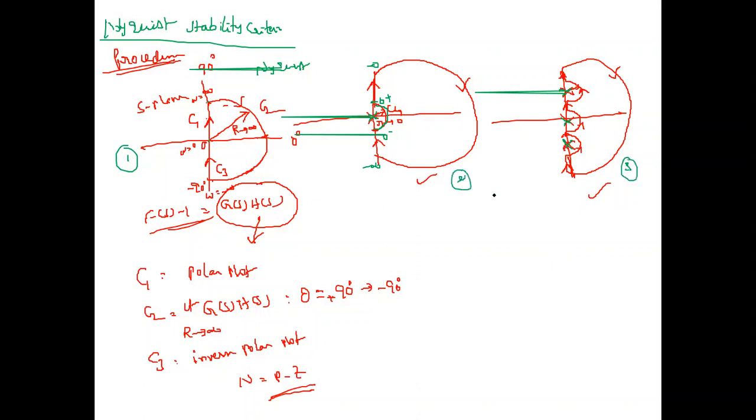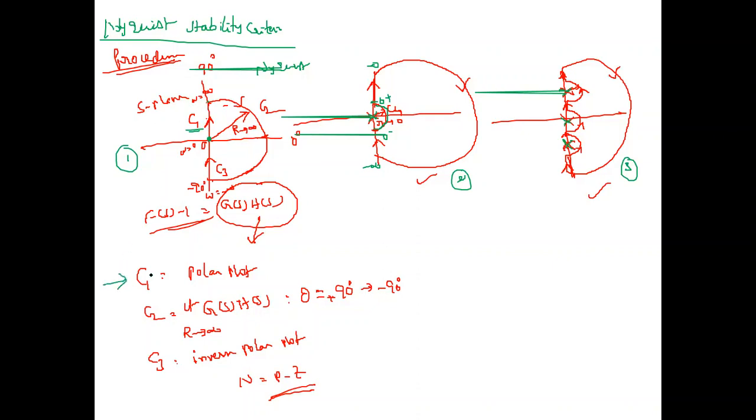Yes, sir. After selecting the contour, the next step: suppose you have selected the first contour, the total contour is divided into three sub contours. One is C1, from the origin to infinity. The contour travels from omega equal to 0 to omega equal to infinity, and this maps exactly as the polar plot.